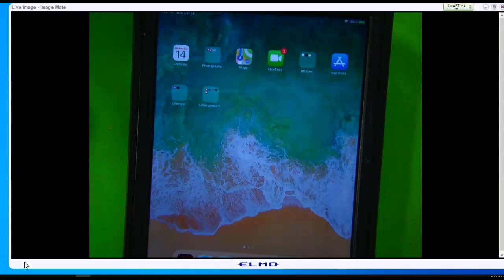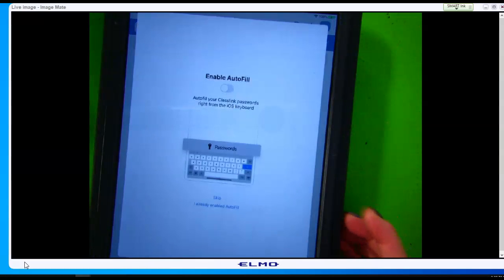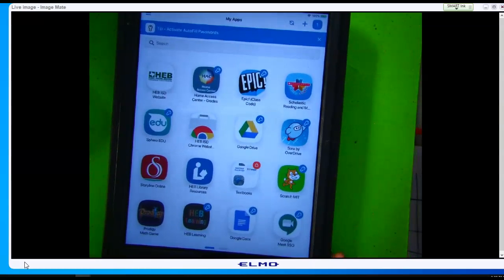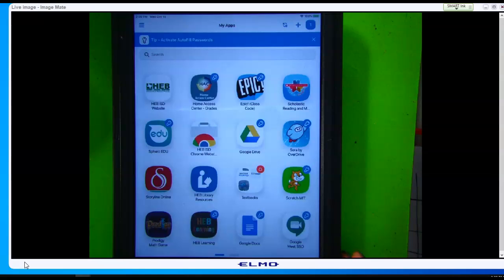Okay, so I'm going to show you how to do it on the iPad. Now I know the iPad is a little bit different. So let me log into a student's ClassLink account so that you can see the apps and see where I go.